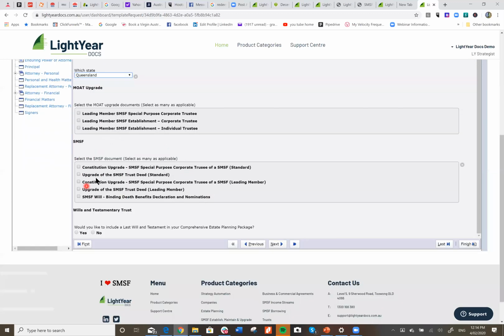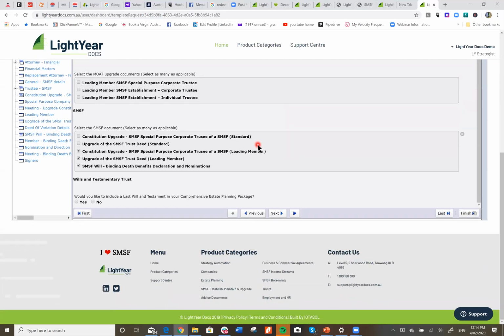With the SMSF, I want to do a constitution upgrade. In fact, I don't want a constitution. I'm going to upgrade to a leading member deed because that helps me with bloodline and lineage. I'm also going to upgrade the SMSF deed to a leading member deed. I want to do an SMSF will, which is a pretty sophisticated set of binding death benefit nominations. And also for the client, I want to do a will and trust.